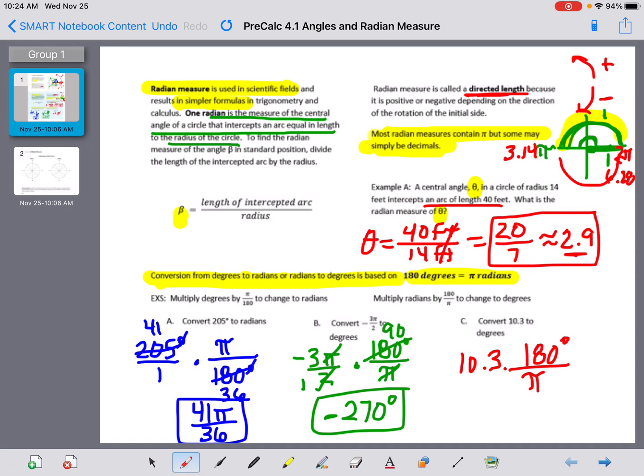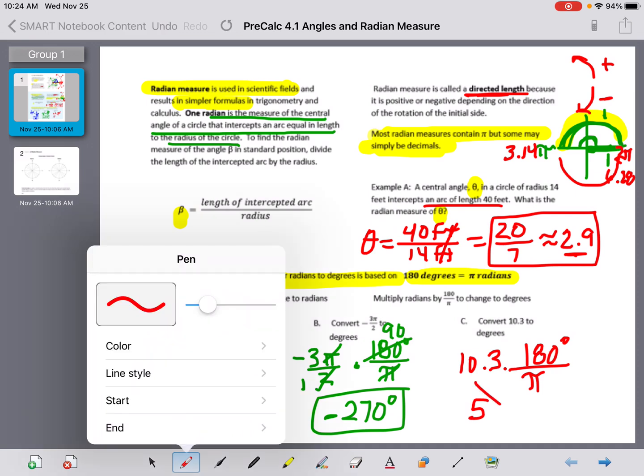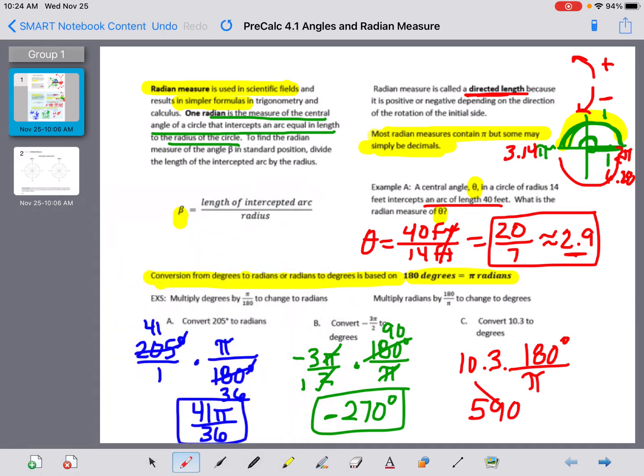I'm going to take 10.3, multiply times 180, and then divide by pi. I'm going to use the pi button on my calculator. I get about 590.15 degrees. I'll tell you on a test or quiz what to round to if it doesn't come out equal.